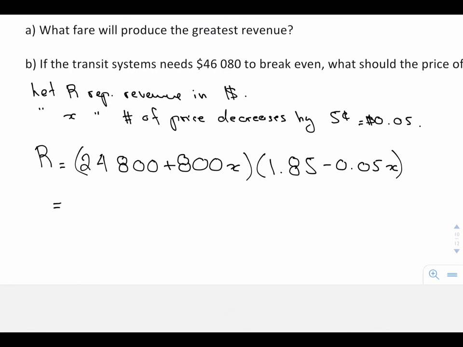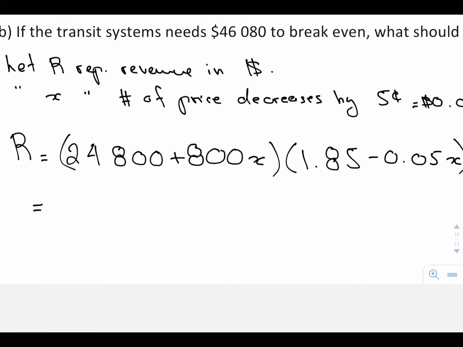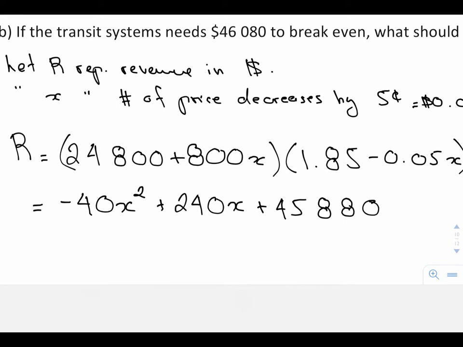I'm going to skip all the distributive property business and go right to the final answer. I have negative 40x squared plus 240x plus 45,880.